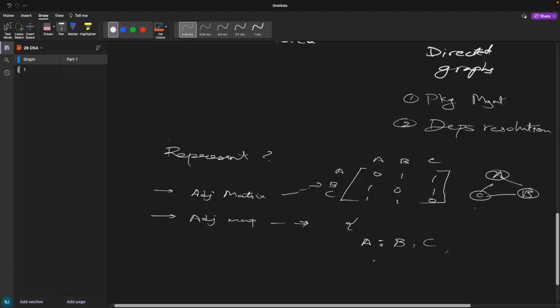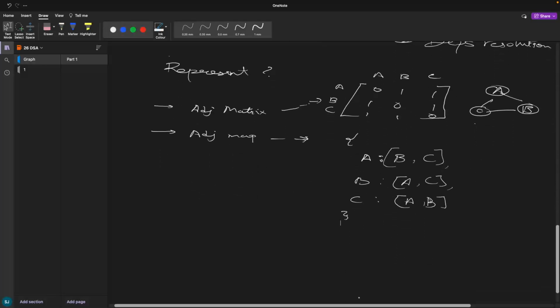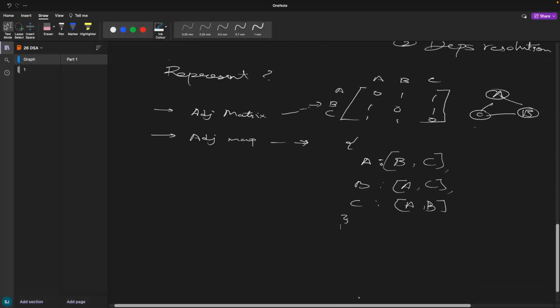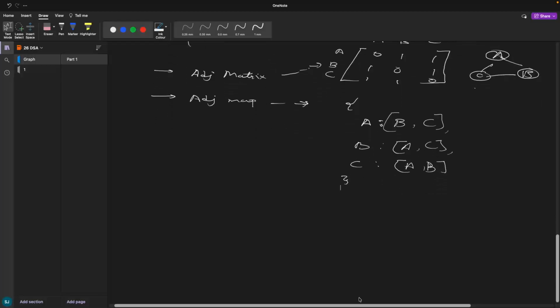You usually store it in an array. So B is connected to what? A and C. C is connected to what? A and B. There you go. This is the adjacency map, and this is the adjacency matrix.